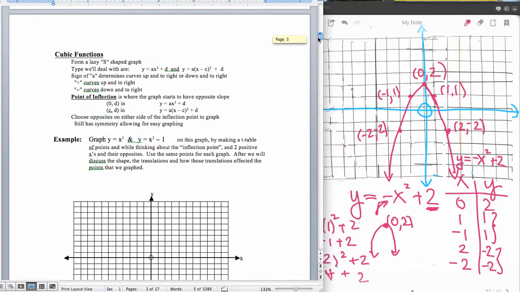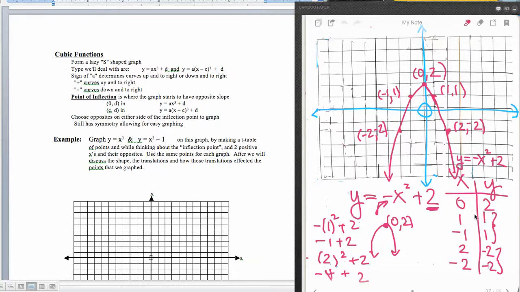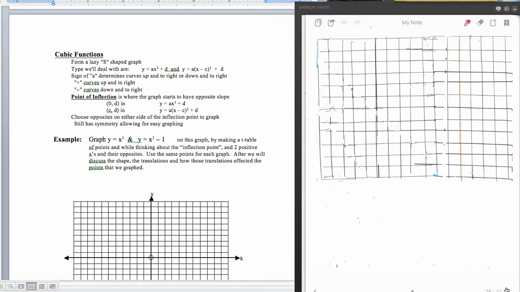We have cubic functions next. Now cubic functions, the thing that we're going to notice about those is that cubic functions have a cube in them. So we're going to be looking at cubic functions that will have y equals ax cubed plus bx squared plus cx plus d, or some version of those for the general form.